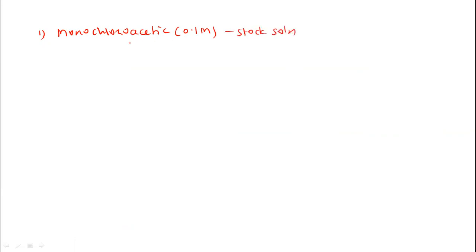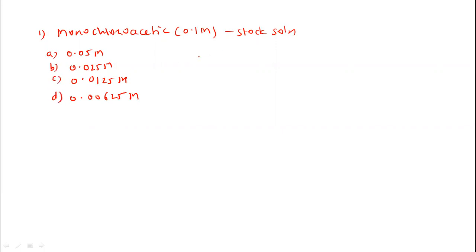From this 0.1 molar monochloroacetic acid, we have to prepare other dilutions: 0.05 molar, 0.025 molar, 0.0125 molar, and 0.00625 molar monochloroacetic acid. So these four concentrations we have to prepare.